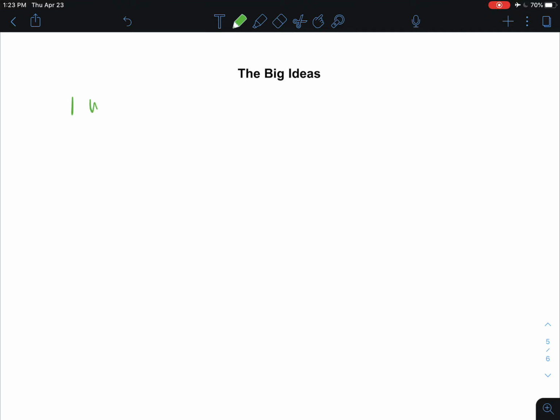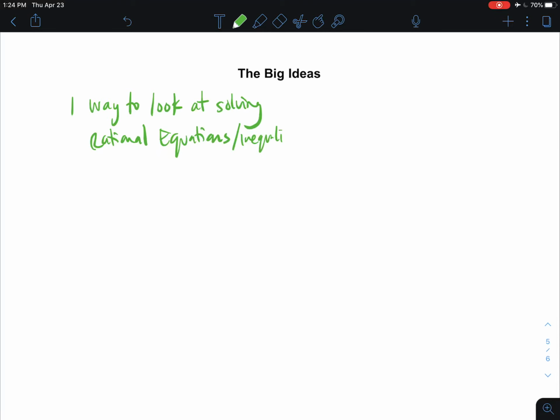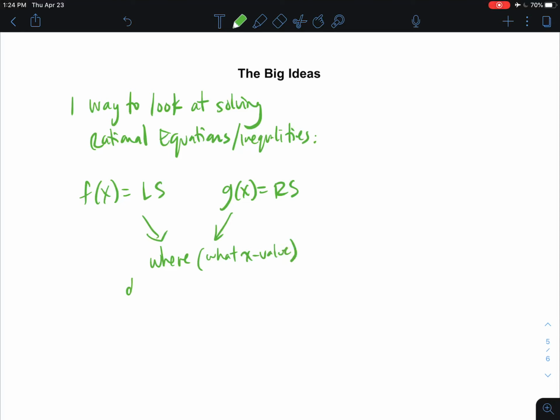One interpretation, and truly this is equations or inequalities, is to view the left side as one function and the right side as another function, and then to ask where, and when I say where, I mean like for what x value do these functions meet?